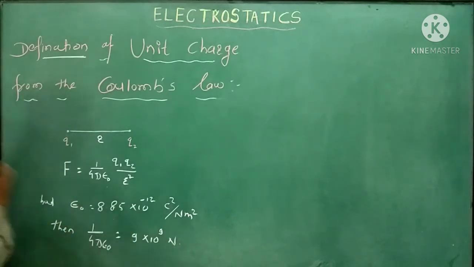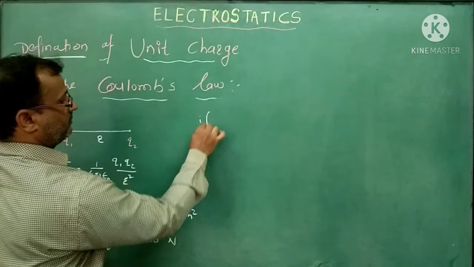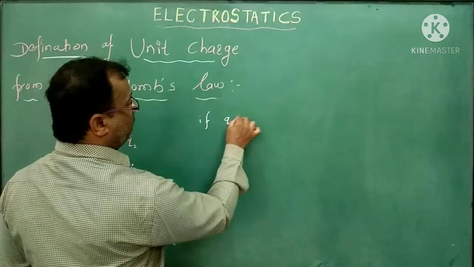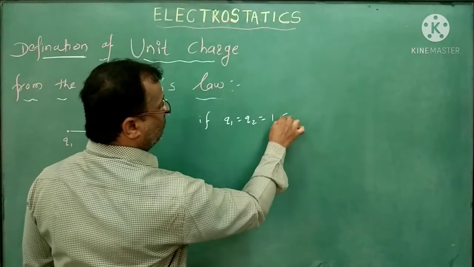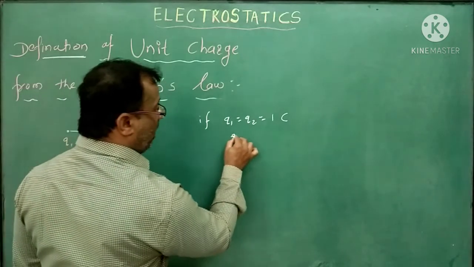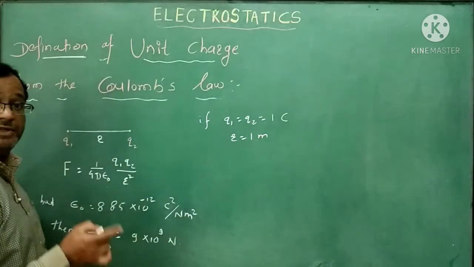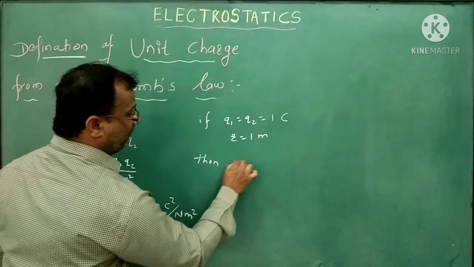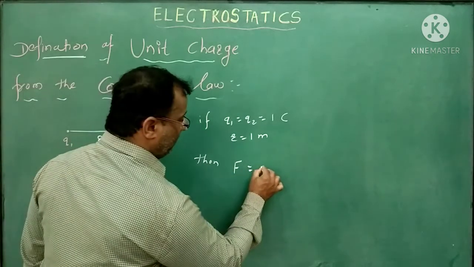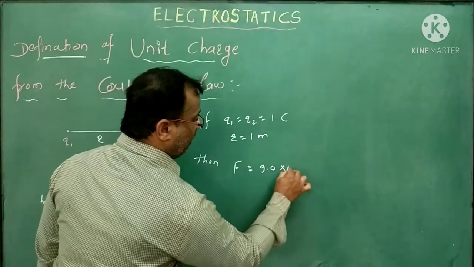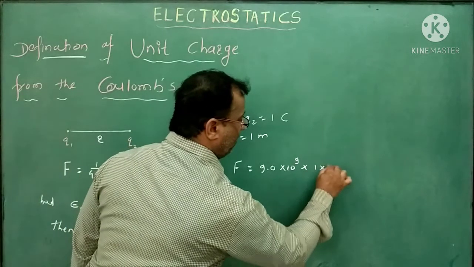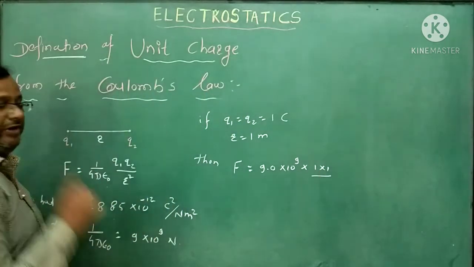And again here, if the value of charges Q1 and Q2 is the same, that is 1 coulomb, so Q1 equals Q2 equals 1 coulomb, and both charges are separated by the distance R equal to 1 meter, then this force is written as: the value of 1 upon 4 pi epsilon 0 is 9.0 into 10 raised to 9, into the charges Q1, Q2, which is 1 into 1, and the distance is 1, and 1 square is again 1.